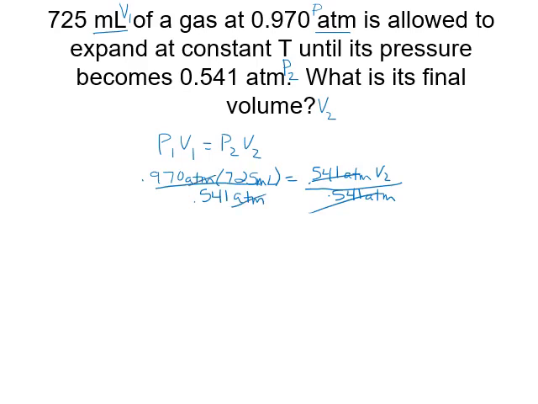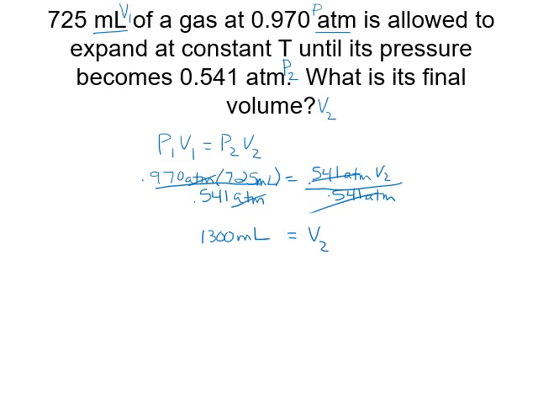My atmosphere units will cancel, and V2 is equal to 0.970 times 725 divided by 0.541, for 1,299.9, which rounds to 1,300 milliliters.